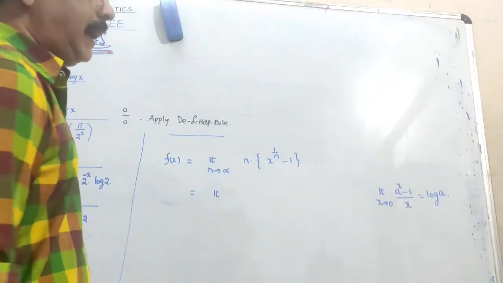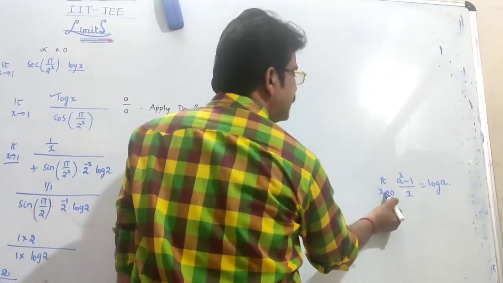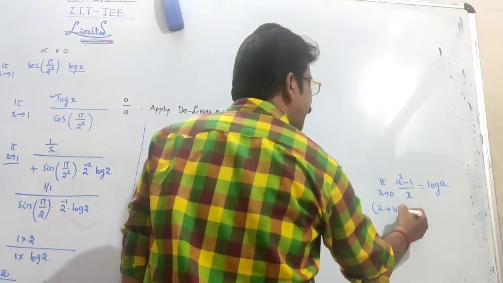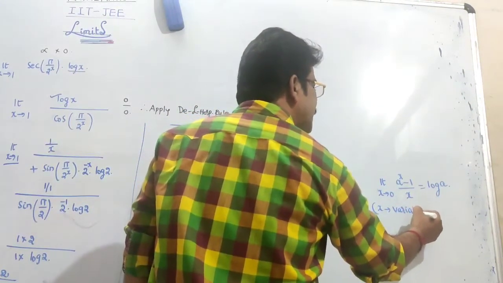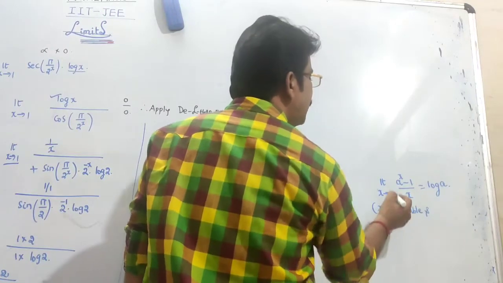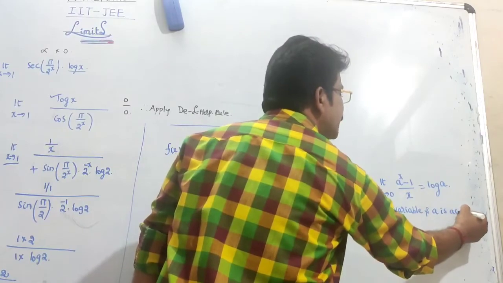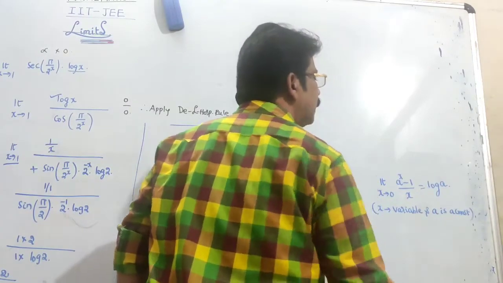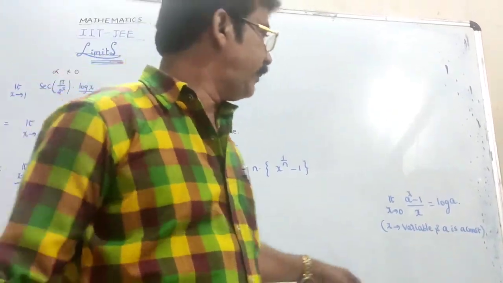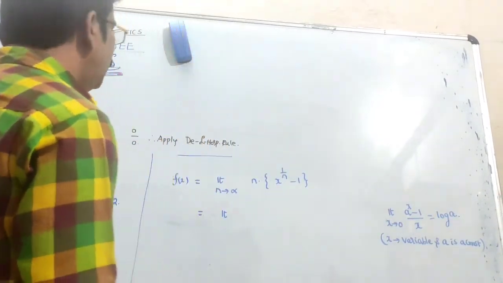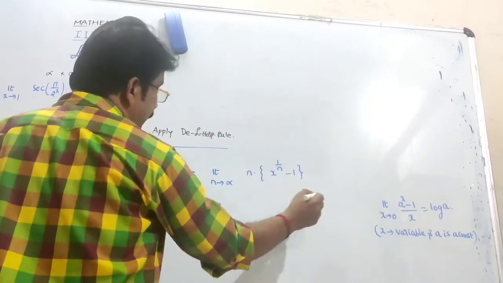Understand? x tends to 0, therefore x is a variable. And what about a? a is a constant. Remember, the final answer is the logarithm of a constant, not a variable. So I will take that form.